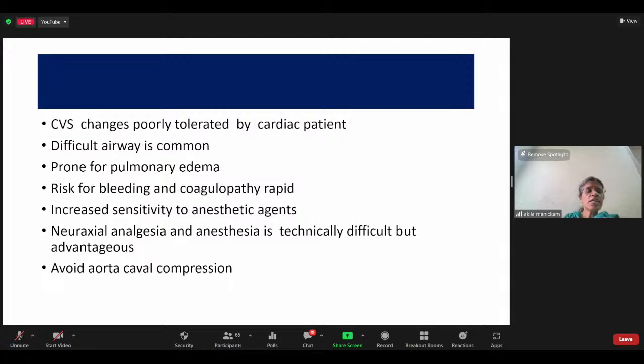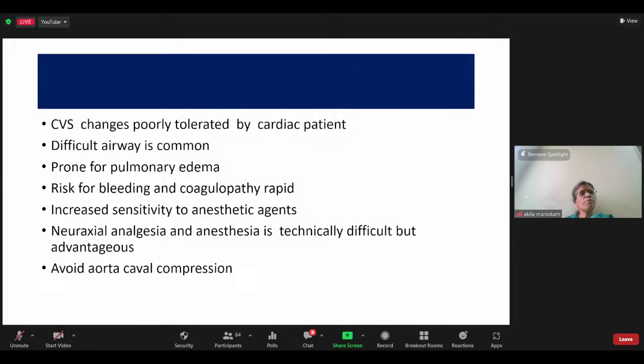So what are the take-home messages? Cardiovascular changes are the predominant changes that occur in a pregnant patient in terms of heart rate, stroke volume, and cardiac output. The systemic vascular resistance decreases and your peripheral vascular resistance decreases. So any patient who's got a cardiac disease is going to decompensate during the course of pregnancy, especially patients with stenotic lesions.